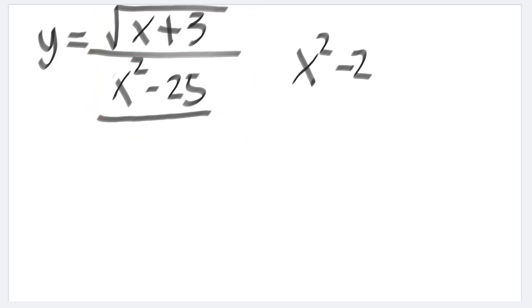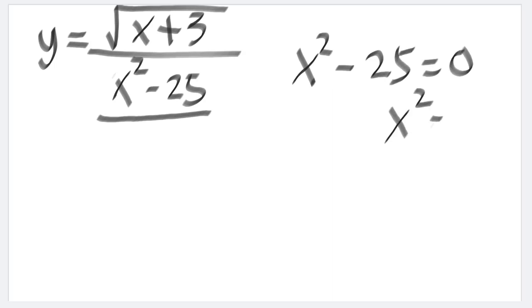So x squared minus 25 is equal to 0. So x squared is equal to 25. Extracting the roots, we have two roots for x, positive and negative 5.